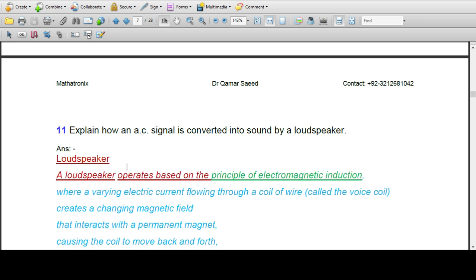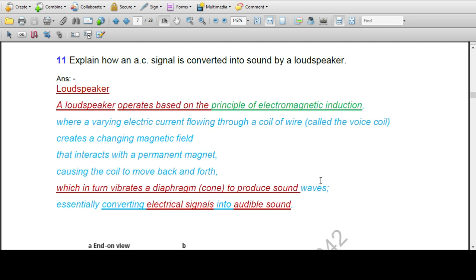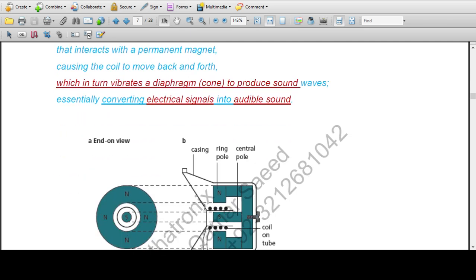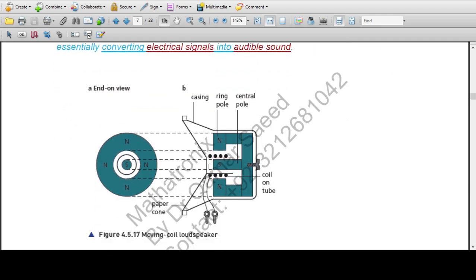Explain how an AC signal is converted into sound by a loudspeaker. A loudspeaker basically works on the principle of electromagnetic induction. When a varying electric current flows through a coil of wire, or a voice coil, it creates a changing magnetic field here.